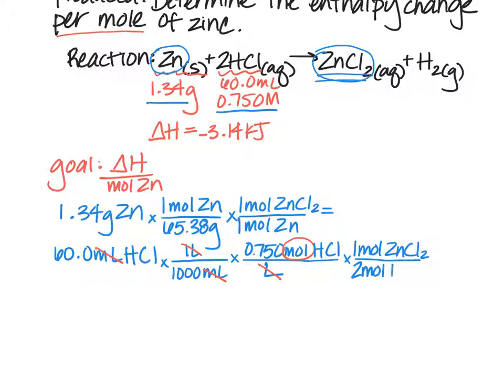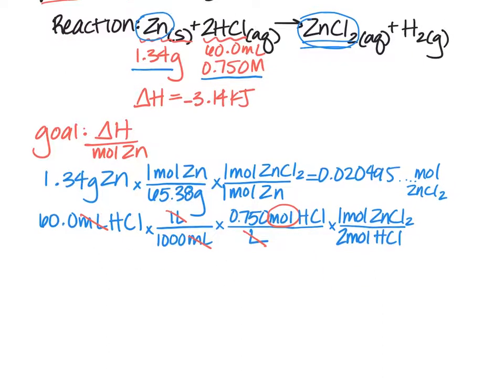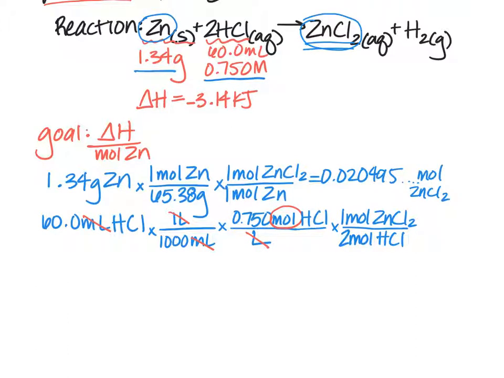So for zinc, I get 0.0200495 continues on moles of zinc chloride. And for HCl, I get 0.0225 moles of zinc chloride.